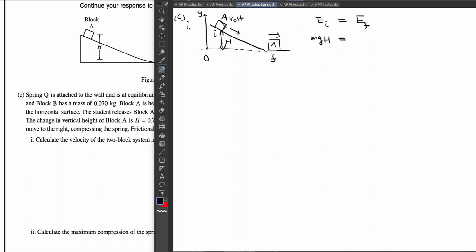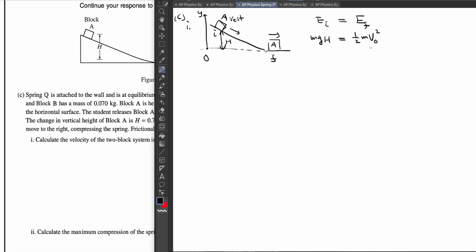Now that equals the final mechanical energy of block A, and at the final position its potential energy becomes 0. So it only has the kinetic energy for A. Let's call that V naught.